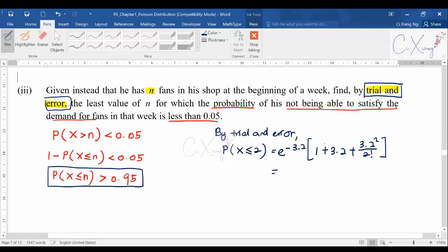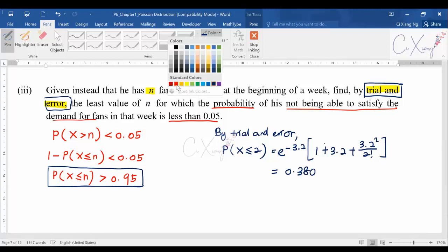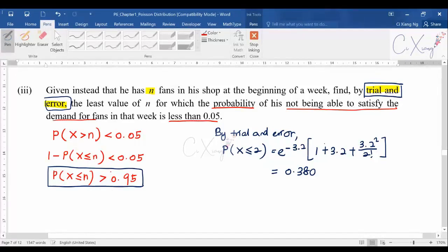So for X ≤ 2, you'll get 0.380. Please double check and compare it: is the value that you get more than 0.95 or not? It is less than 0.95.